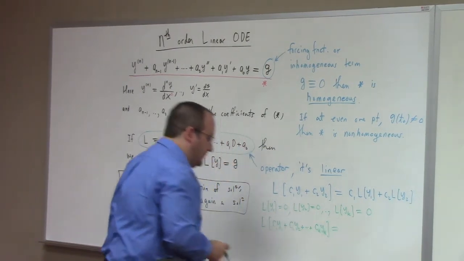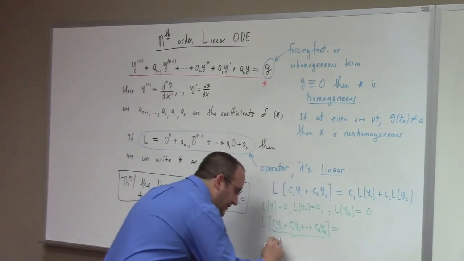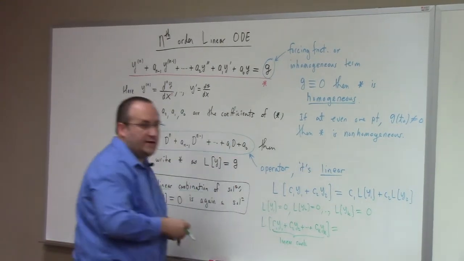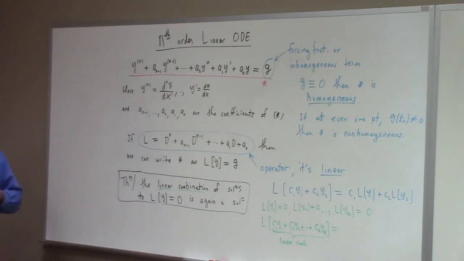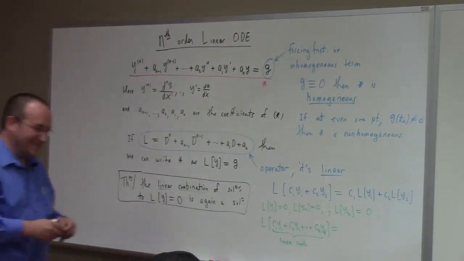All right. This, what I just wrote inside the brackets, this object right here, is a linear combination of the solutions. When we say linear combination, we're just saying add them together, add constant multiples of the things together, right? This is a linear combination. But the beautiful thing is, since L is a linear operator, it takes the linear combination to, well, a linear combination in the following sense.